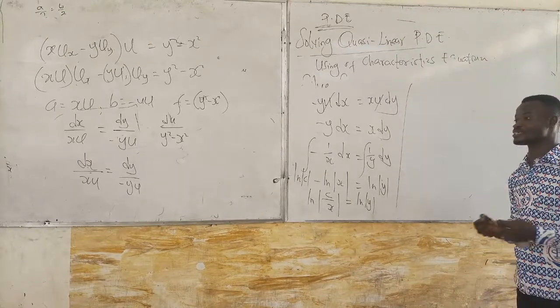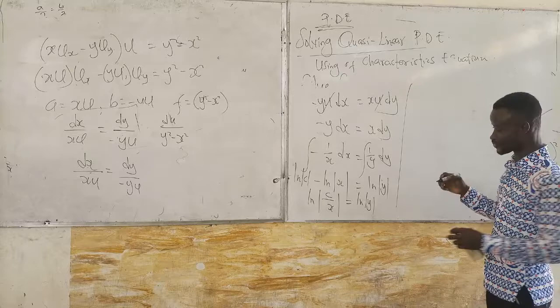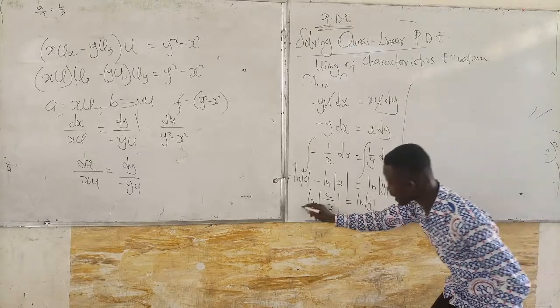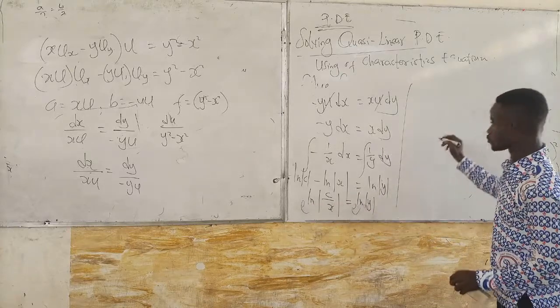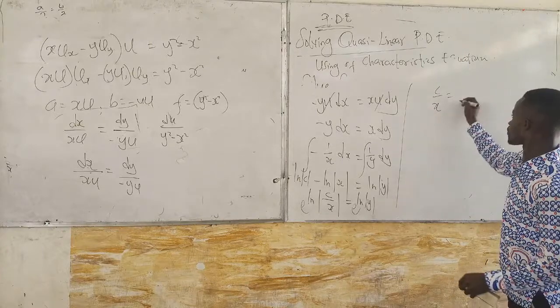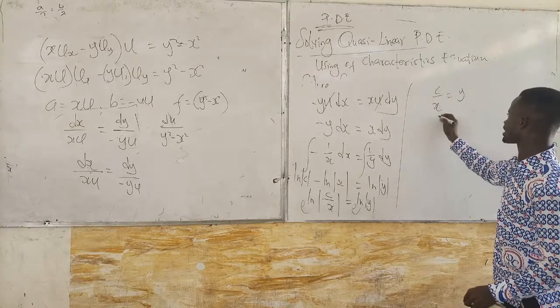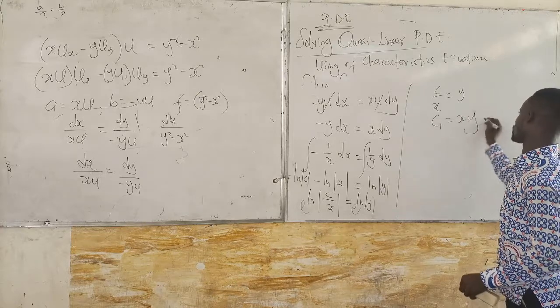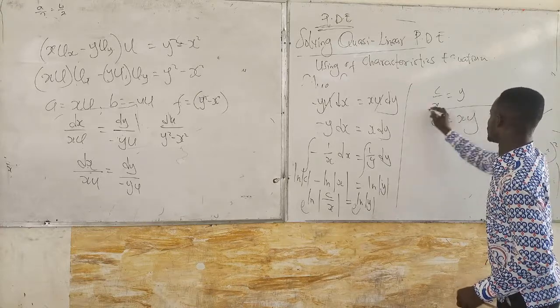This one is easy, but the second one, so natural log of both sides, c over x is equal to y. So we are going to get C1 to be equal to S. Leave it.